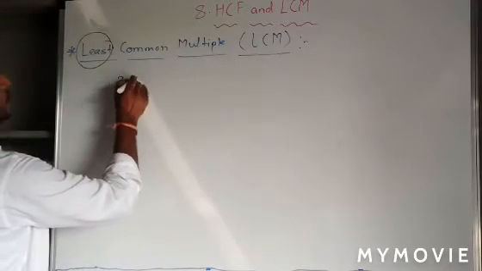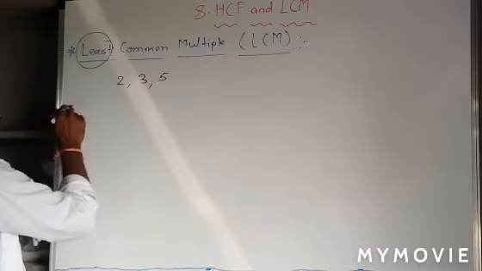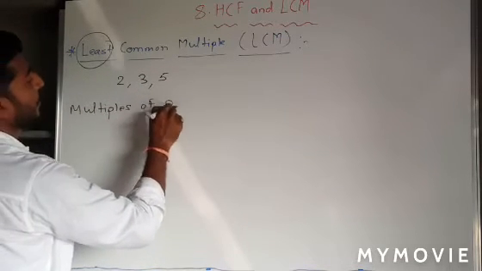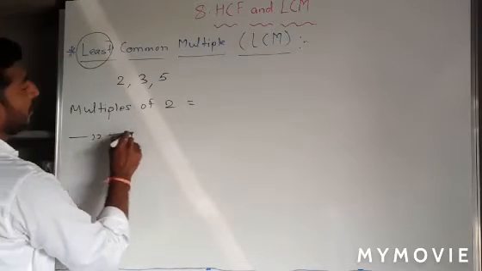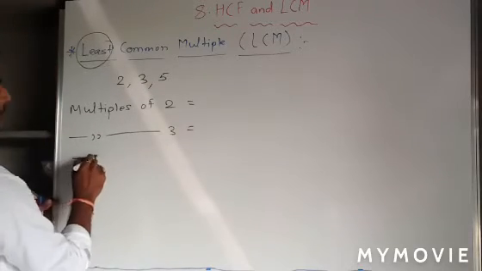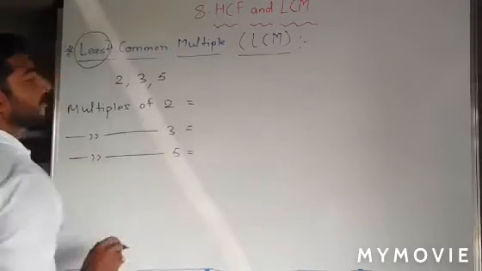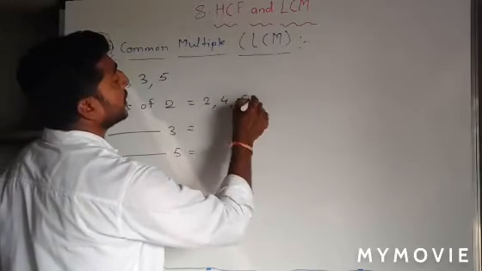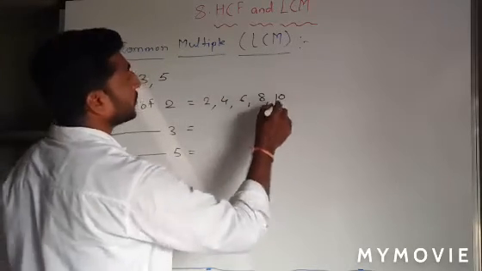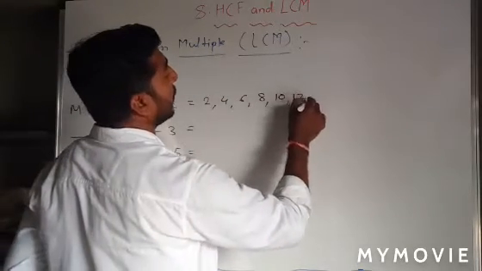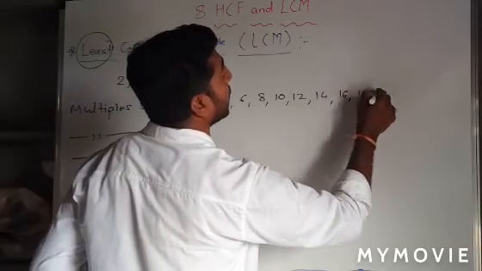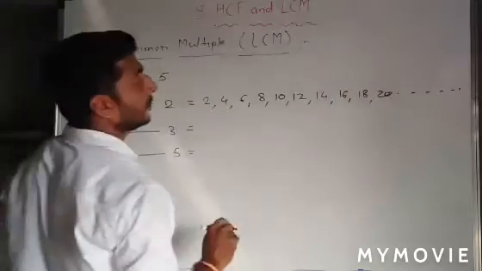Find the LCM of 2, 3 and 5. So what will you do? You will write down the multiples of 2, then multiples of 3 and multiples of 5. Here 2, 4, 6, 8, 10, then 12, 14, 16, 18, 20 and so on.